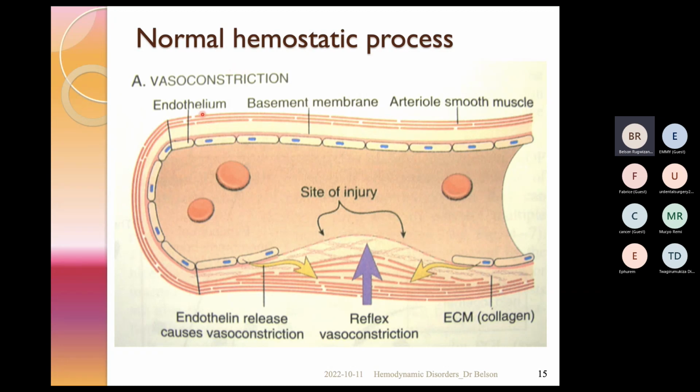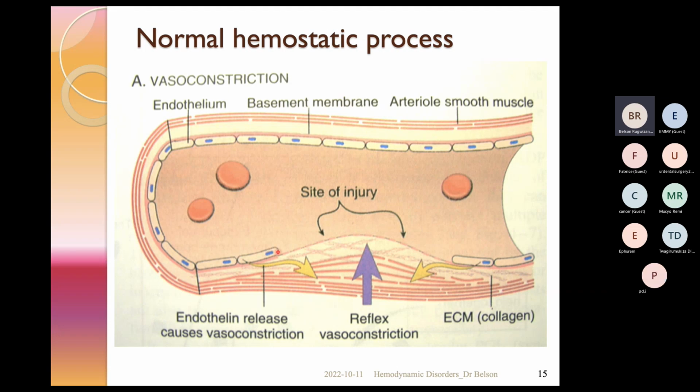So in vasoconstriction, we'll have endothelial cells which will contract basement membrane, arterial smooth muscle, which causes that contraction, of course. This is the normal side. The side which is now injured here, you see that we have the endothelial cells, they are lost here.